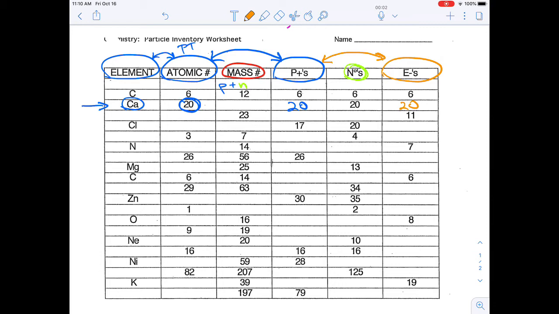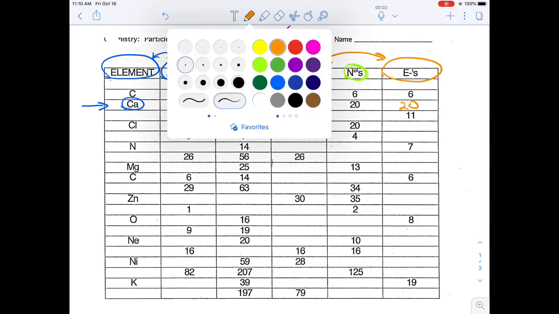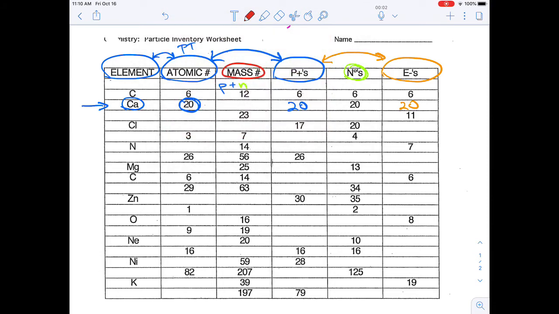Now, the mass number I'm looking for is, again, the protons and the neutrons added together. Well, 20 plus 20, that's going to give me 40. And so the mass number of calcium in this particular example is 40. We're all done. Okay, pretty easy.